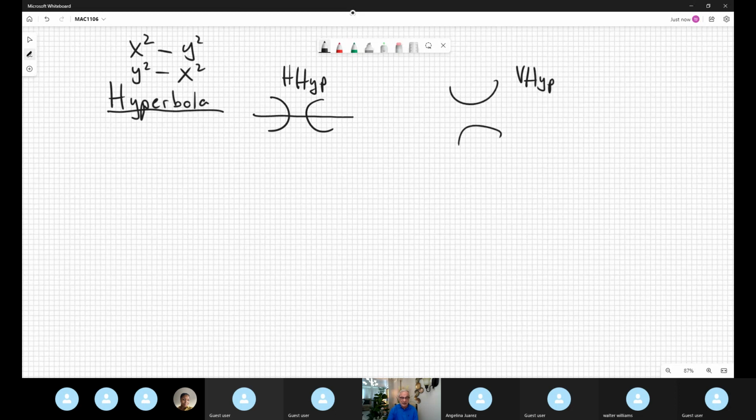The most important is, okay, what this axis, okay, by the way, is called transversal axis, is parallel or coincident with the x-axis when it's horizontal. And this is parallel or coincident with the y when it's vertical.